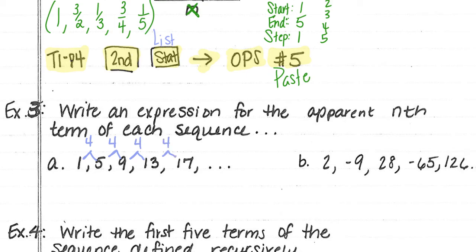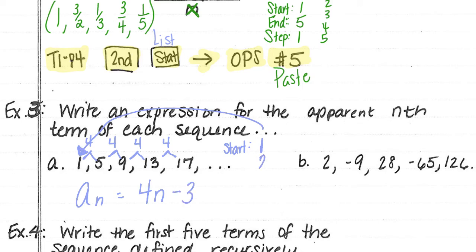These go up by 4. So typically, that means we're going to have 4 times n. Well, if I take 4 times 1, because remember we always start on 1, I get 4. But remember, I want my first number to be a 1, so I'm going to subtract 3.